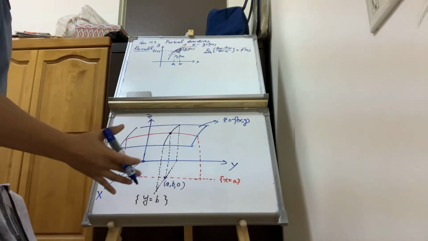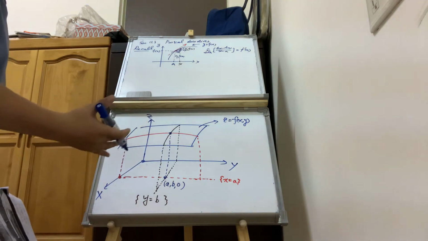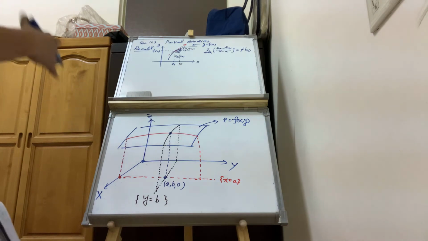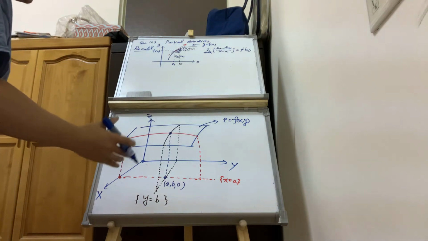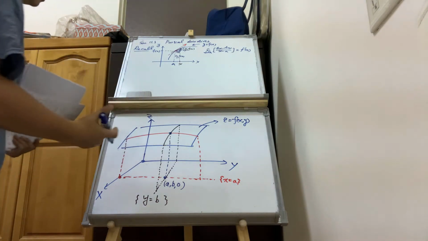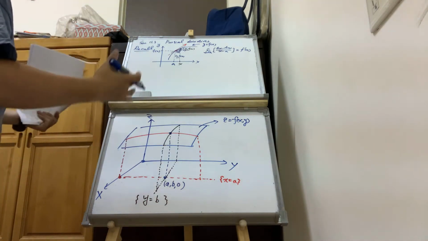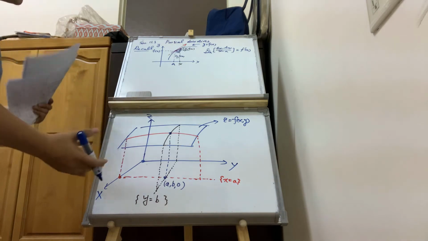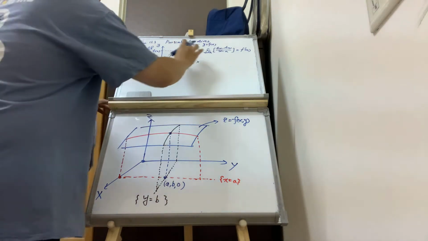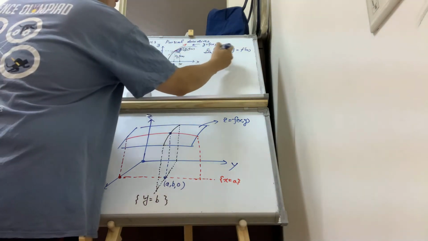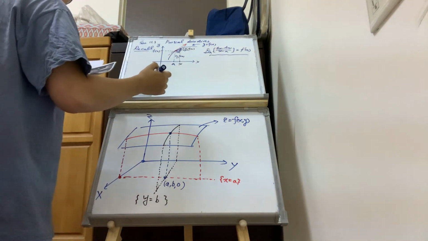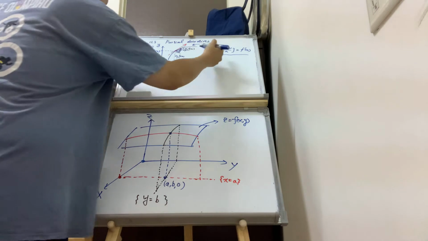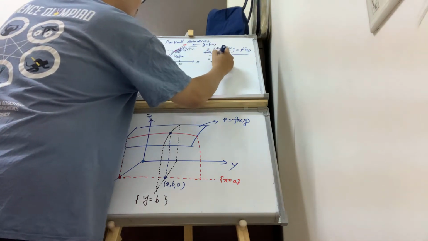It will be better to memorize this result and its exact meaning. So for a single variable, the definition is this one. f prime a is the derivative.